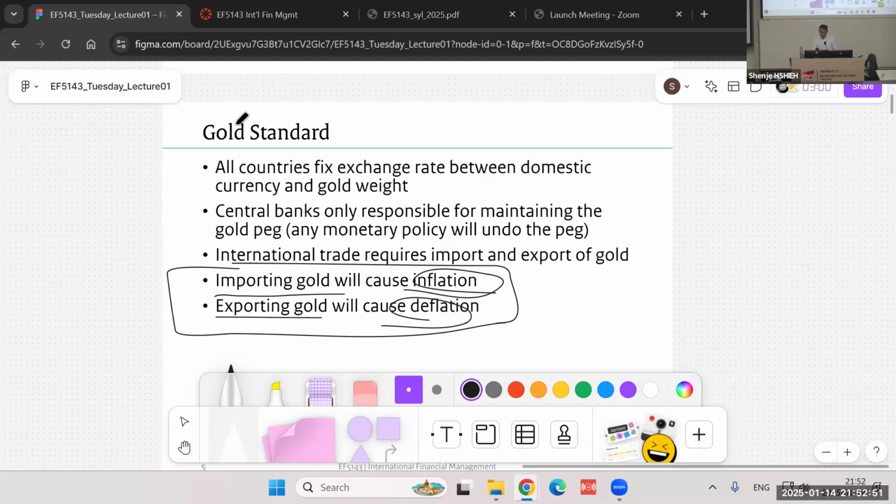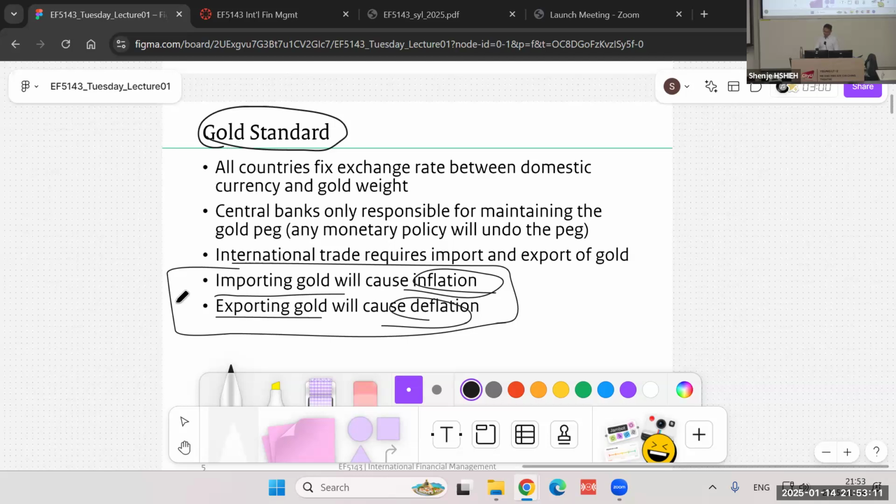The gold standard is sustainable if and only if countries are willing to maintain convertibility of gold to their fiat currency. If they deviate or decide not to do it, then it doesn't work anymore.